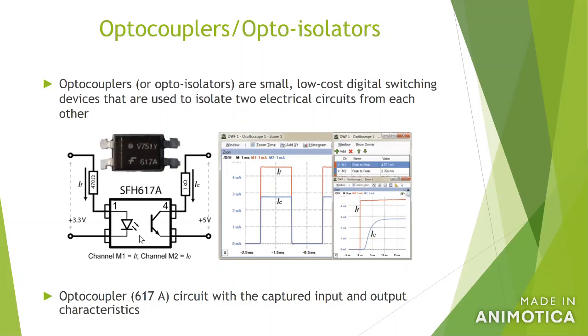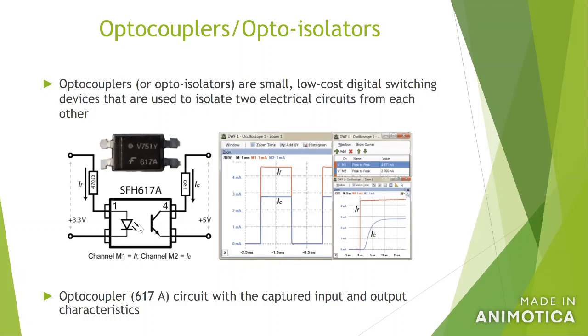Okay, look at this figure, you can understand. Signal from one circuit will be passed through this LED. The LED will generate light, and the light will be picked up by this light sensor. This is a kind of light-sensing transistor.